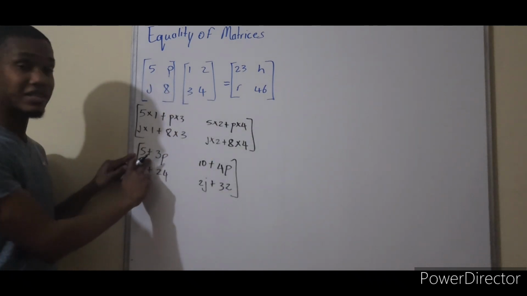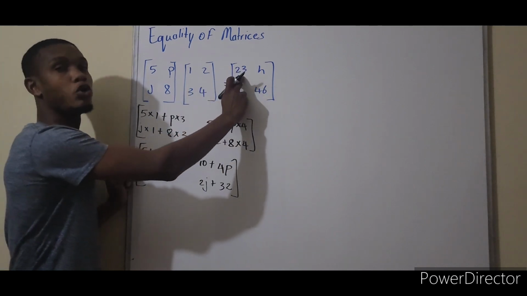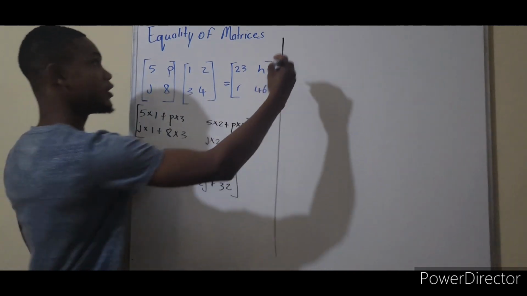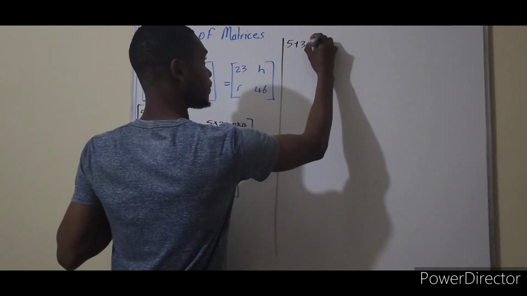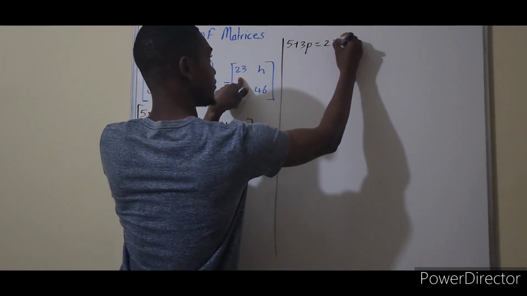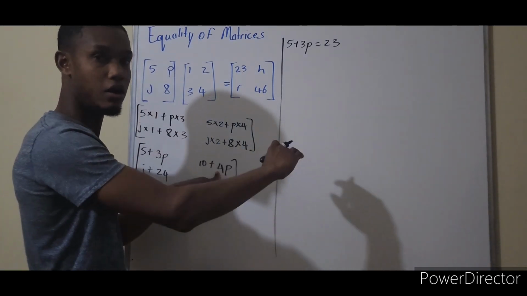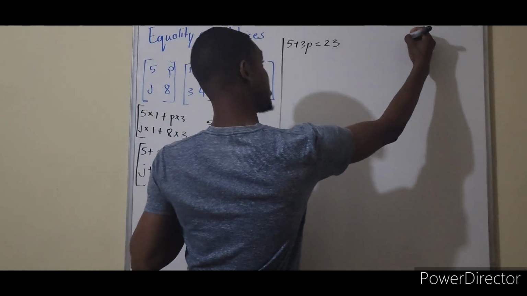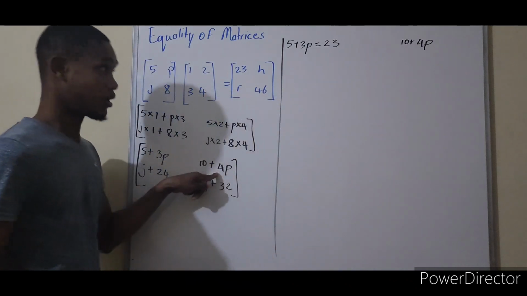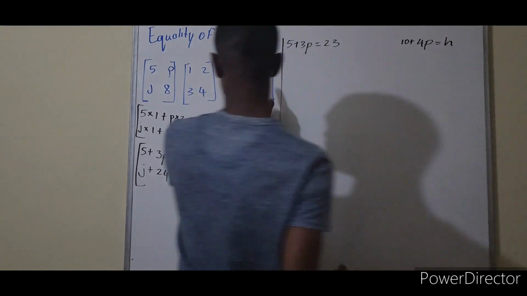Now, after you get here, all you need to do is equate each term to one of the answers. Because this term is at the top and it's the first, you go to the first at the top for this as well. So that will be 5 plus 3p is equal to the number here, 23. Same principle for the second in the first row: that's 10 plus 4p, and that must be equal to the second thing over here, which is h.